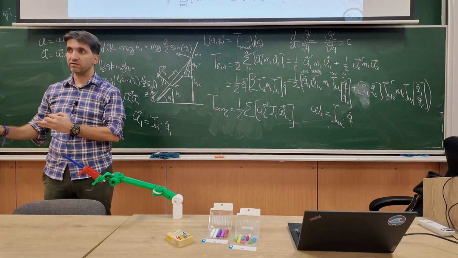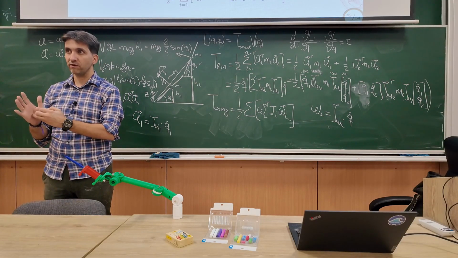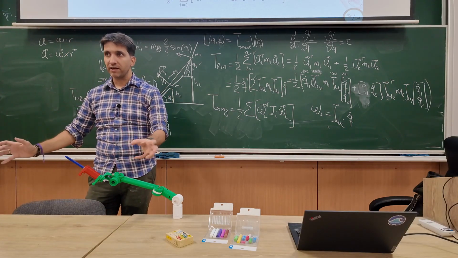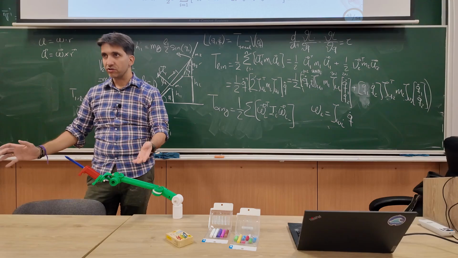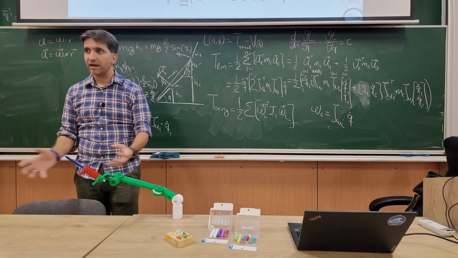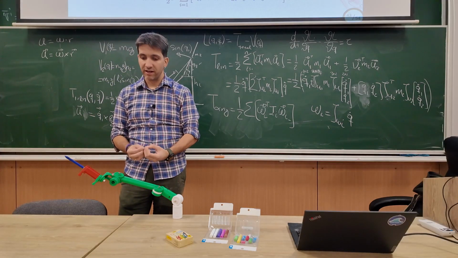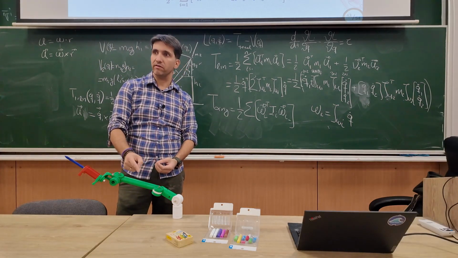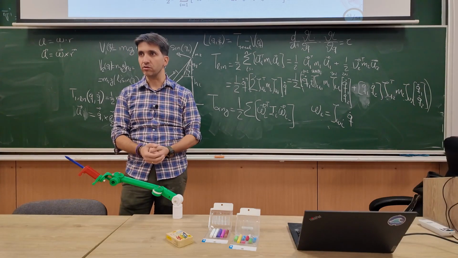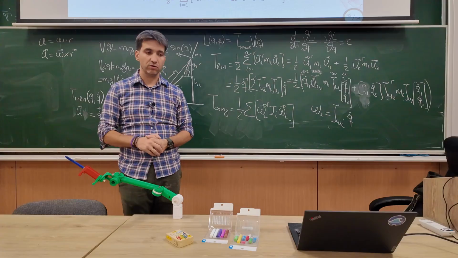That's our states of the system. Joint position, joint velocities, right? So I need to bring these two together. I need to describe the kinetic energy, which is velocities of the masses, as a function of Q and Q dot, right? And the relationship is the Jacobian, because the Jacobian tells me what will be the linear velocity of the masses as a function of joint velocities and joint position. Good question.